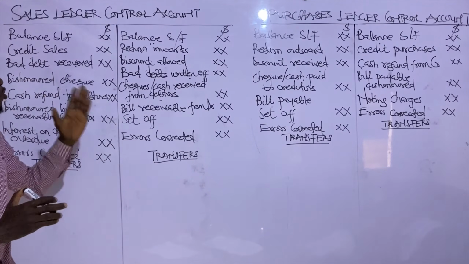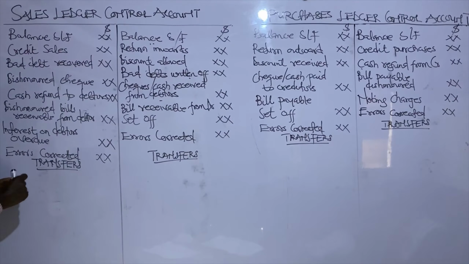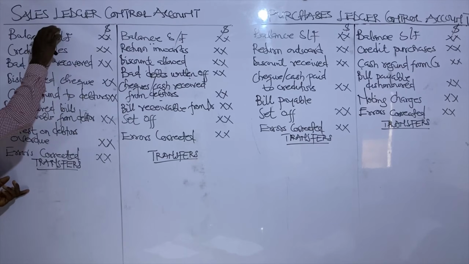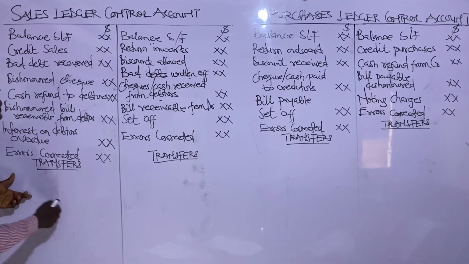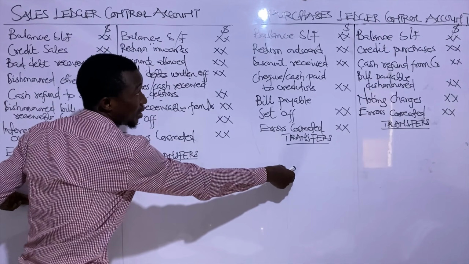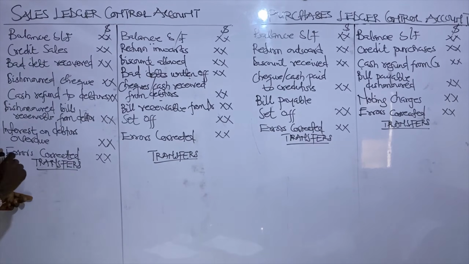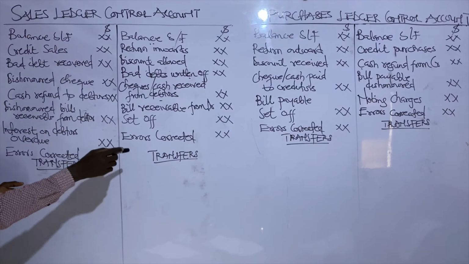In a complete control account question, you could have a debit balance of an amount of 500 transferred from the sales ledger to the purchases ledger. To transfer the debit balance, it will be recorded at the debit side of the purchases ledger. The reason is that, for instance, there is a debit balance of 500 in the sales ledger we are transferring.